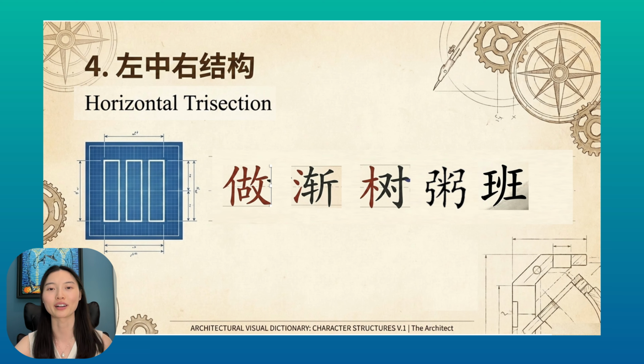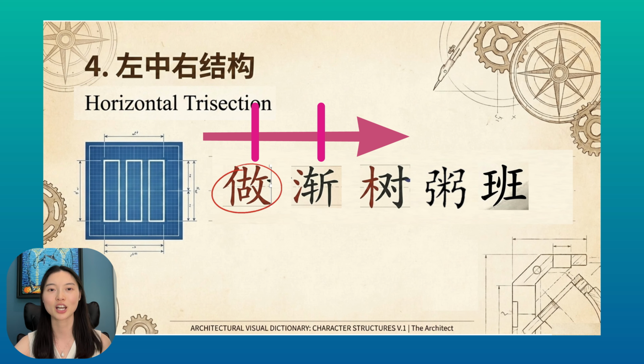Blueprint number 4, 左中右结构, horizontal trisection. 3 components share the square from left to right. 做, to do, 谢, to thank, 树, tree, 粥, rice porridge, 班, class. When 3 components share one square, every one of them has to slim down. Each section gets roughly a third of the width.